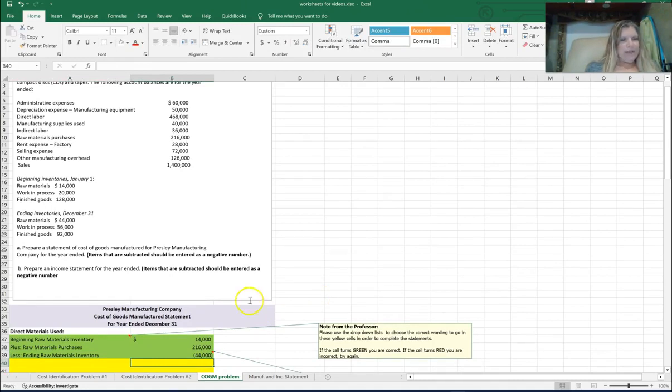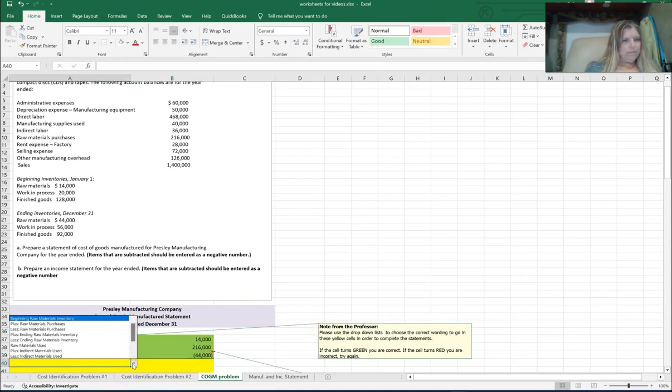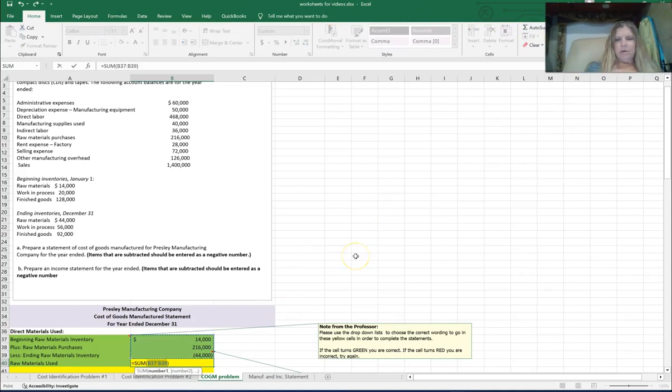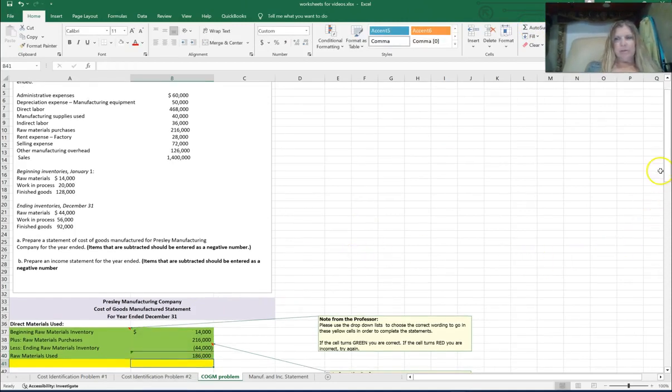And then we add those all up to get our raw materials used. So if we come up here to the sum function, we can use that, and it will add up all the numbers right above. So it's $186,000.